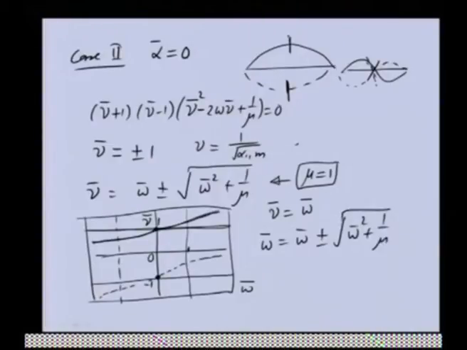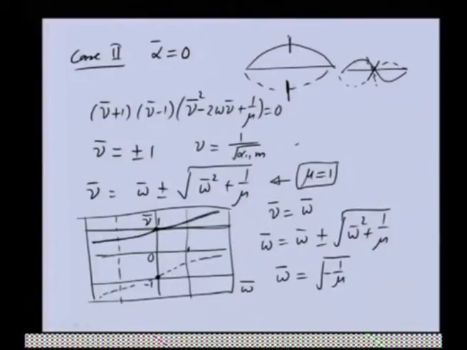If we solve for omega, we can get the critical speed, and one of the critical speeds will be minus 1 by mu.